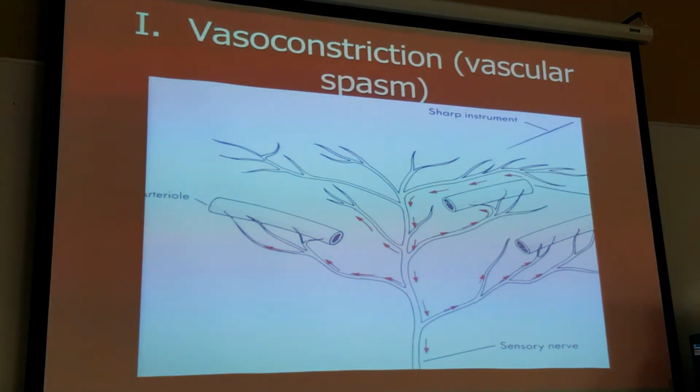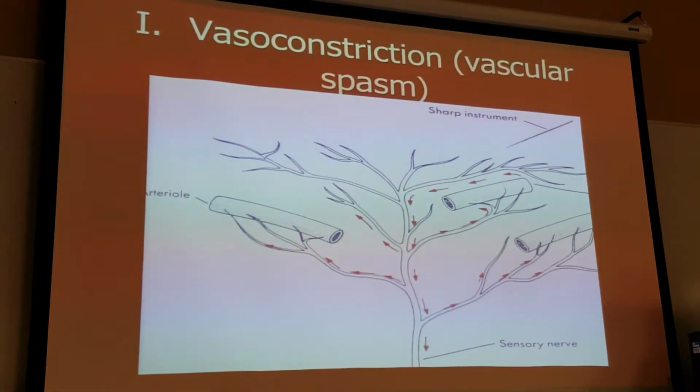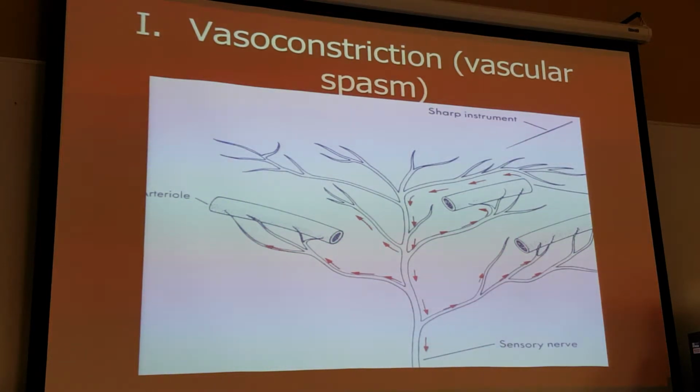Okay, so vascular spasm is caused by pain receptors, and arterioles are the smallest arteries, and that's where this is particularly effective. Arterioles lead into capillaries. So arteries carry blood away from the heart, and they branch out and bifurcate and get smaller and smaller.